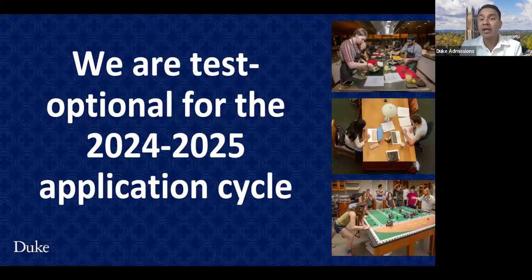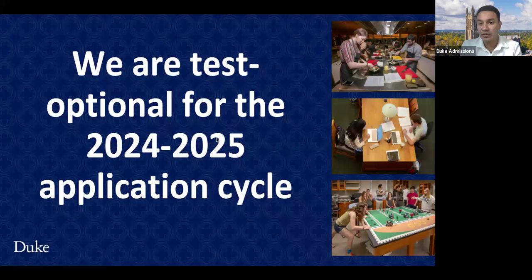All right. And a very common question that we get in particular among international students or international applicants is what our policy is regarding just tests, standardized tests in general, but also English proficiency tests, which I'll touch on a little bit. For the 2024 to 2025 application cycle, we continue to be test optional.